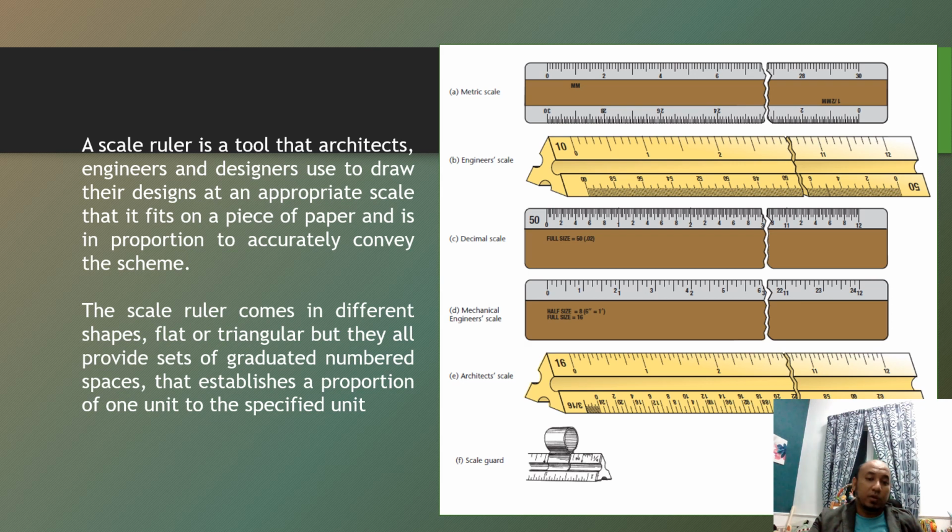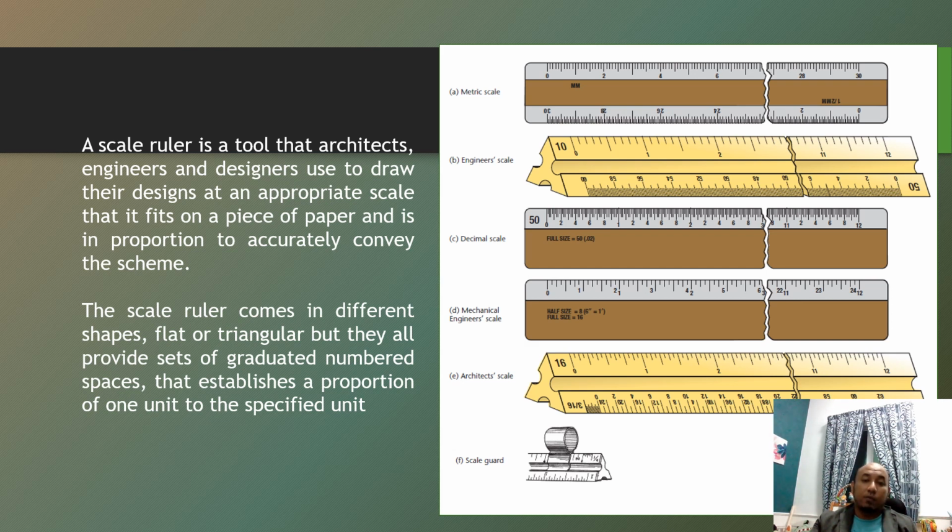The scale ruler is a tool that architects, engineers and designers use to draw their design at the appropriate scale so that it fits on the piece of paper and accurately conveys the scheme in proportion. The scale ruler comes in different shapes, flat and triangular, but they all provide set and graduated number spaces that establish a proportion of 1 unit to the specified unit.